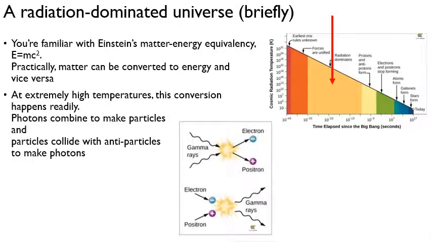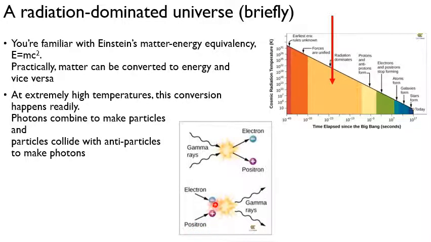So if you have extremely high temperatures, this conversion happens very easily, right? Photons can combine, if they collide with enough energy, to create matter. So for instance, an electron and a positron can be created. And the opposite can happen too. You can have a piece of matter, like an electron, and the antimatter, a positron, which is just a positive electron.